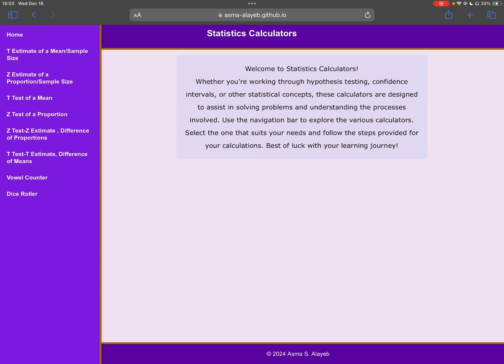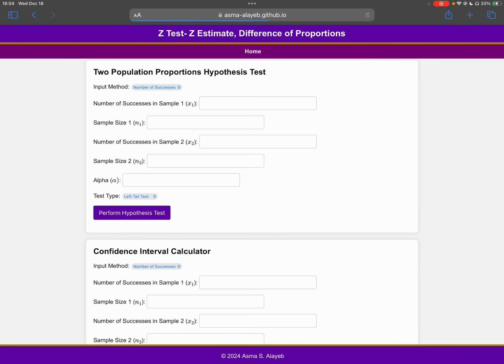And I came to her and I said, we need a way to do these calculations so that anyone can do it no matter what technology they have. All they need is internet. And she made this website and it's wonderful. So we are doing a z-test for the difference of proportions. So that's the one I'm going to click on.